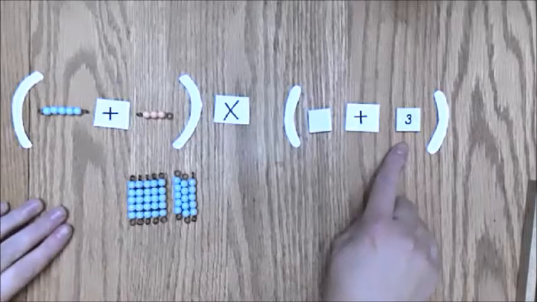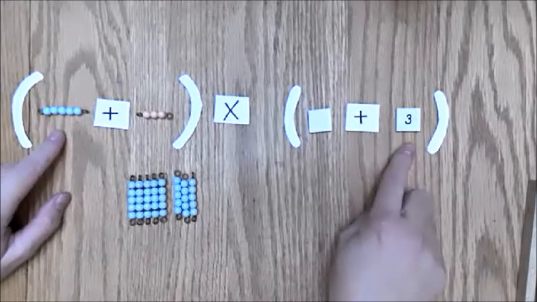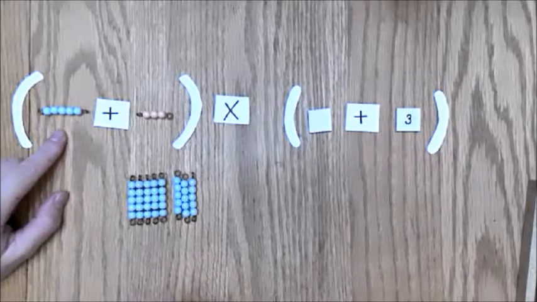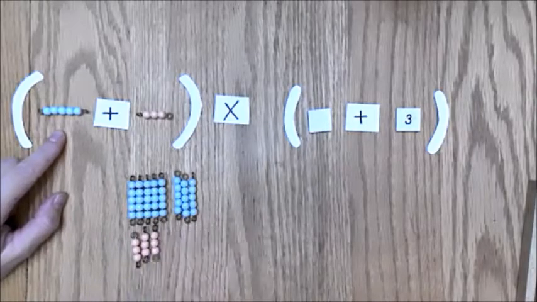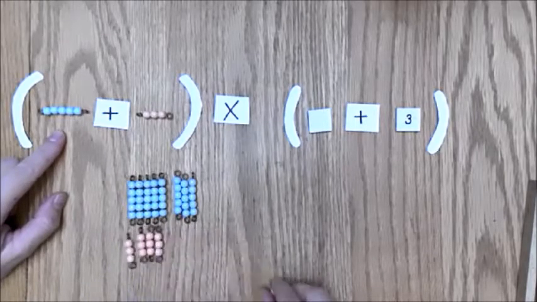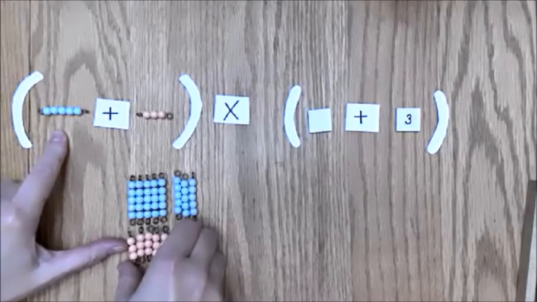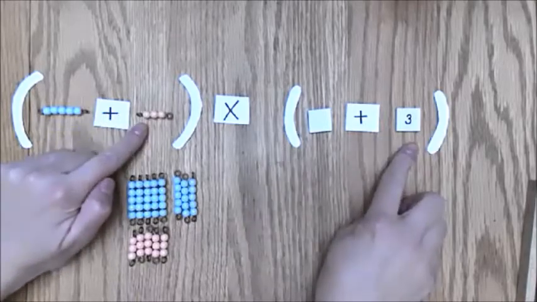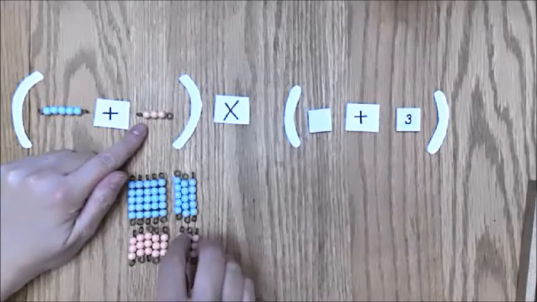Now we've got to multiply everything by 3. 3 times 5. 1, 2, 3, 4, 5. Okay, and now we have 3 times 3. 9. The 3 squared.